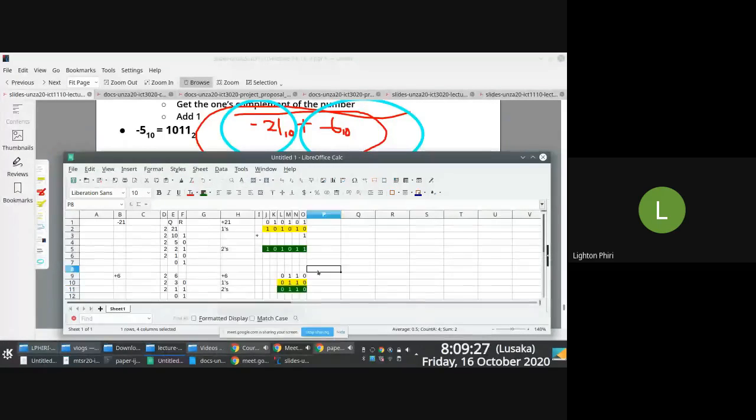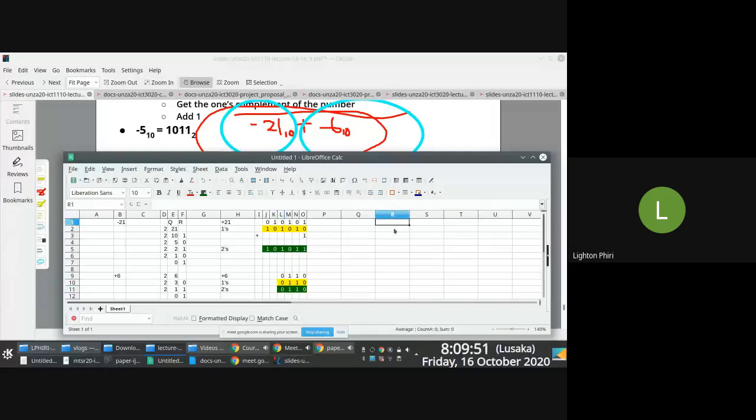All right, so we have both numbers encoded using 2's complement. The next step is we simply perform binary addition, because this is a negative number, negative 21, and this is positive 6. For us to evaluate negative 21 plus 6, all we do is add the negative number and the positive number.